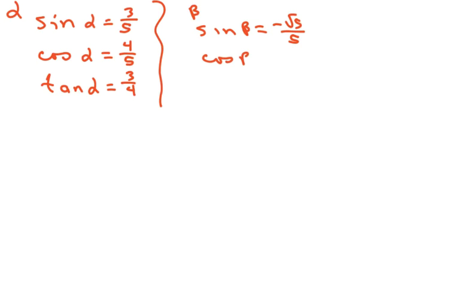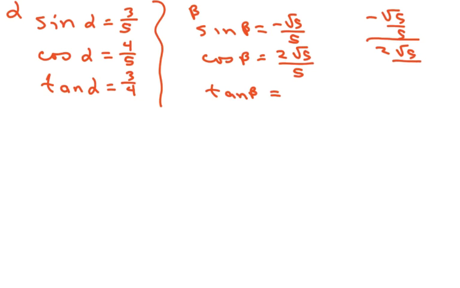Cosine of beta is going to be 2 square root of 5 over 5. And tan of beta is going to be, if the 5's cancel, well, actually everything cancels. So if you do negative square root of 5 over 5 divided by 2 square root of 5 over 5, this whole thing cancels, so we just get negative 1/2.